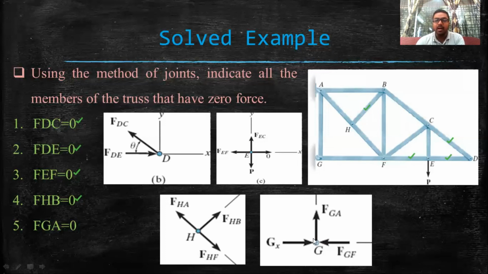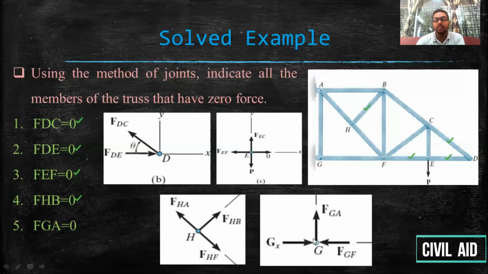Now if we apply the sum of all the forces in the vertical direction equals 0, that is sum of Fy equals 0, then we are left with only one force in the vertical direction, that is FGA. There is no other force other than FGA in the vertical direction. So FGA should be equal to 0 in order to maintain equilibrium.